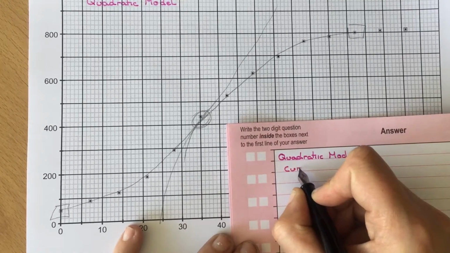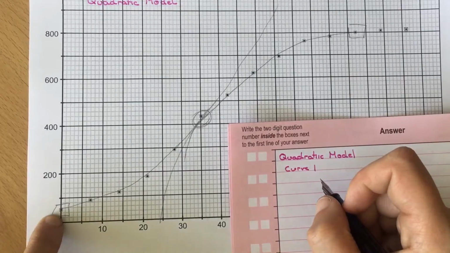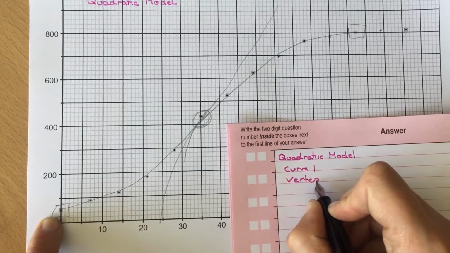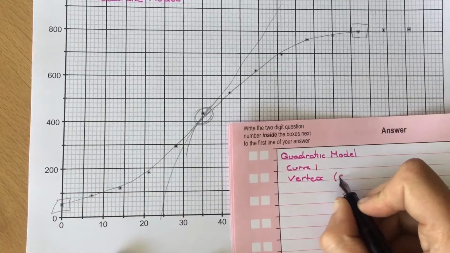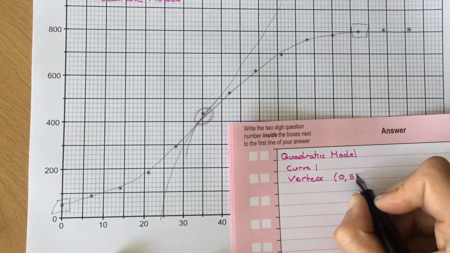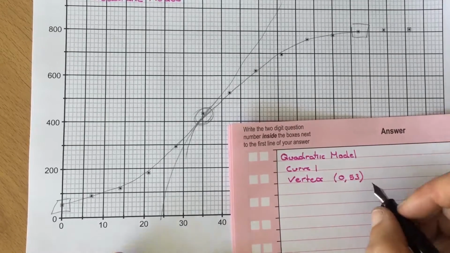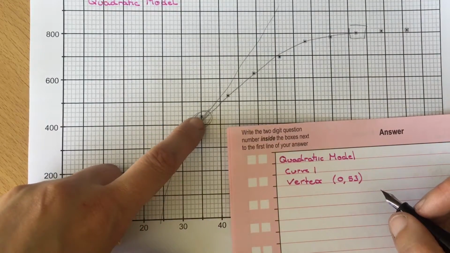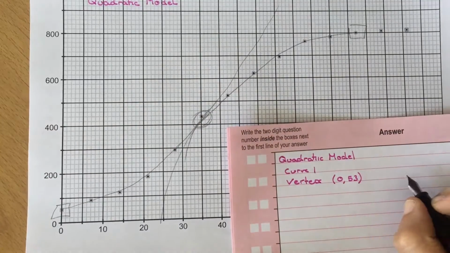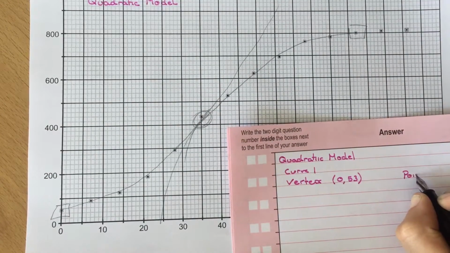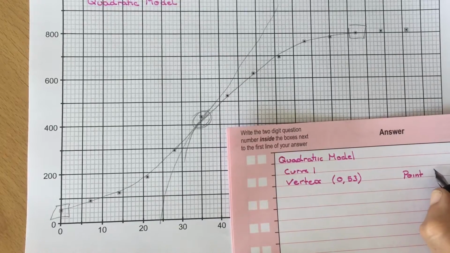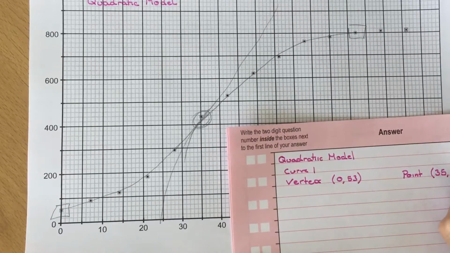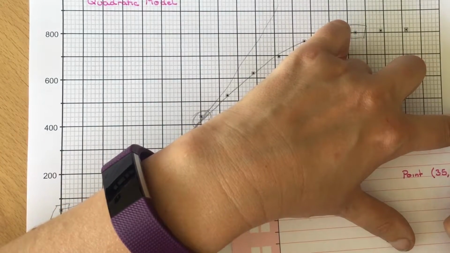if we look at curve 1, we know that the turning point, so the vertex, is at (0, 53), and we know that another point that's on the line is this one, where the two cross over, at the point (35, 435).